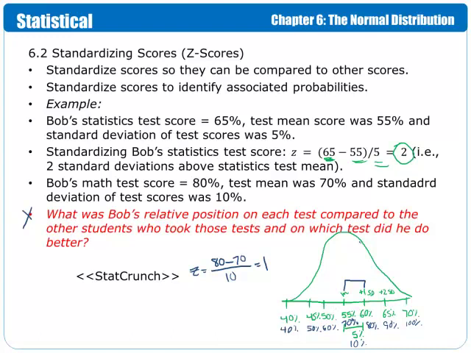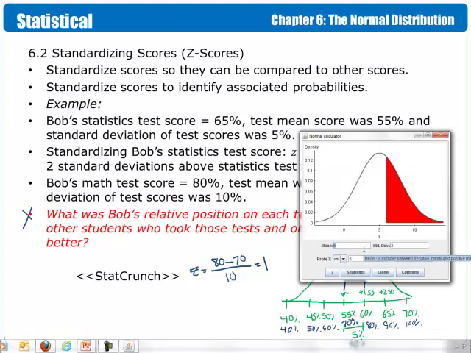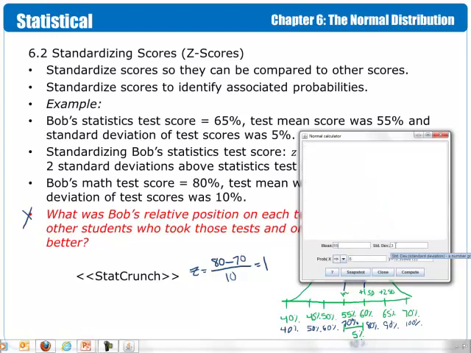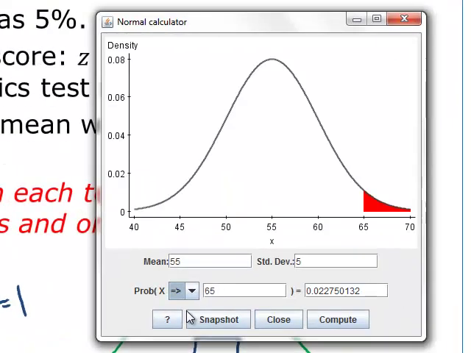And so if we go to StatCrunch, we can set up the situation for Bob's statistics test by finding the mean of 55 and a standard deviation of 5, and then finding Bob's score of 65 and finding the proportion of scores that are higher than Bob's.